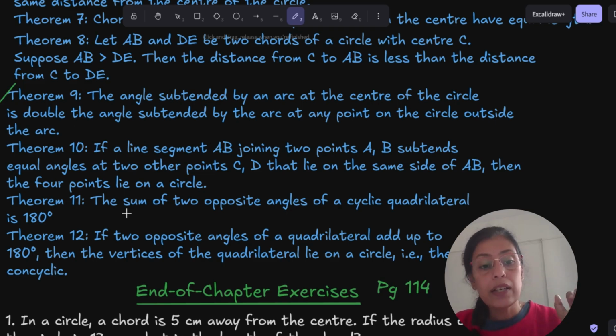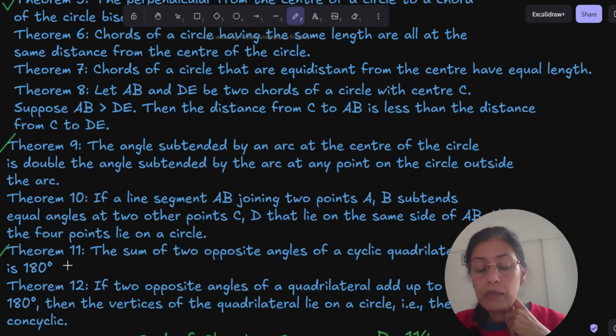And if you get one on concyclic quadrilaterals, it will most likely use this. So these two are very important from the competitive exams perspective.